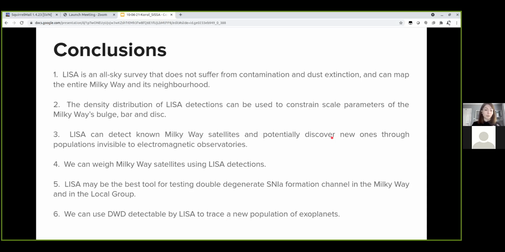And finally, that we can use monochromatic LISA signals to trace other astrophysical populations, such as circumbinary exoplanets and brown dwarfs. And with that, I will be happy to take your questions.